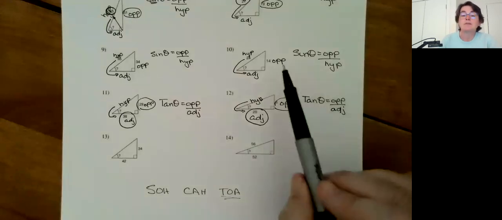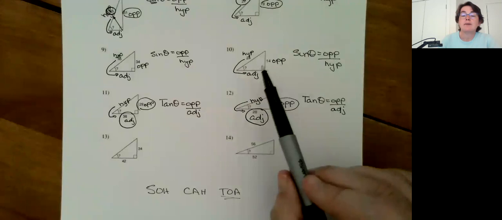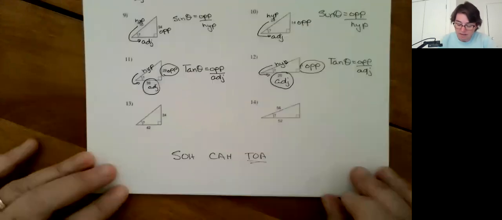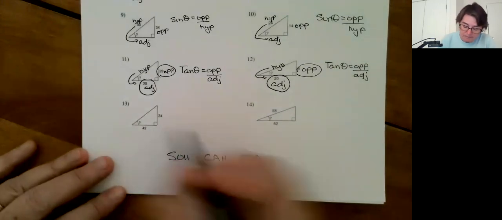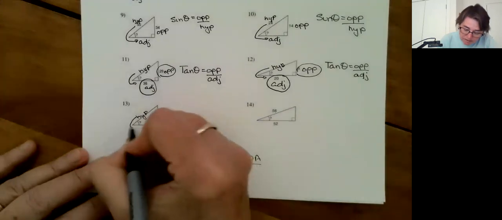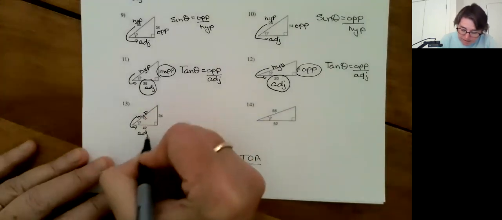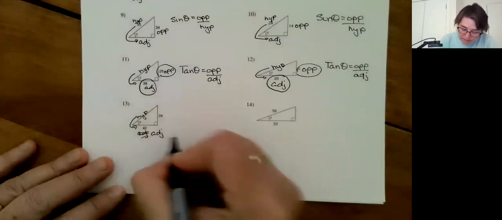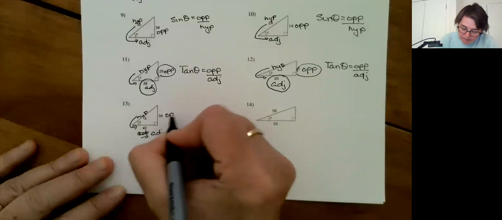If, like the one up here, I have one side and the hypotenuse, I have to think a little harder because it's either going to be sine or cosine. But tangent, two sides, boom, right away. You know it's going to be tangent. Not unlike this one. See what I mean? Hypotenuse, adjacent, and opposite.